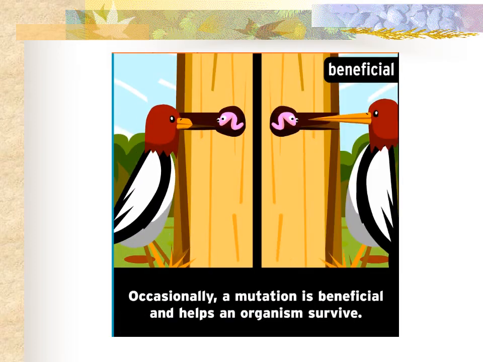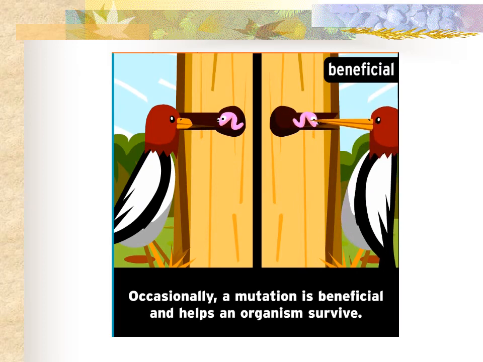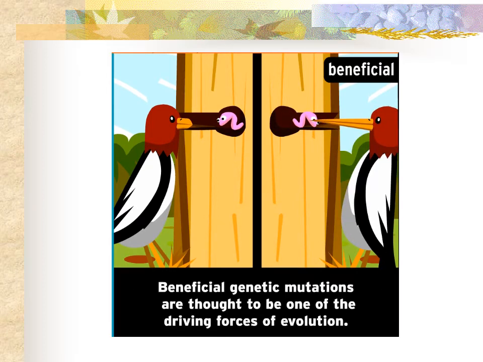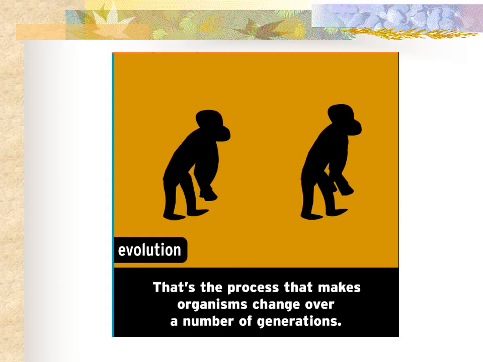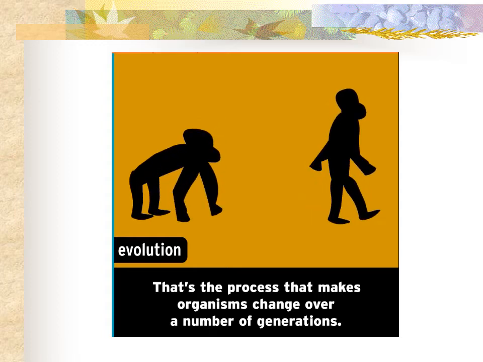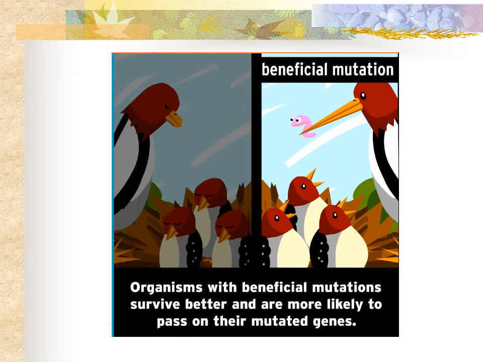Occasionally, a mutation is beneficial and helps an organism survive. Beneficial genetic mutations are thought to be one of the driving forces of evolution. That's the process that makes organisms change over a number of generations. Organisms with beneficial mutations survive better and are more likely to pass on their mutated genes.